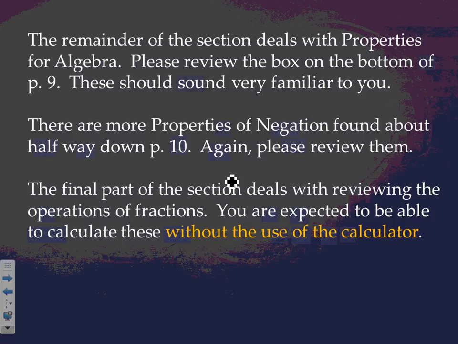Okay, a couple of things to note with commutative and associative. They only apply to adding and multiplying. What they do is essentially tell you that you can change the order of additions and multiplications without changing your answer. How do you tell the difference between commutative and associative? Commutative has 2 elements in the problem. So you're adding 2 numbers together or multiplying 2 numbers together, and you can swap that order without changing your answer.